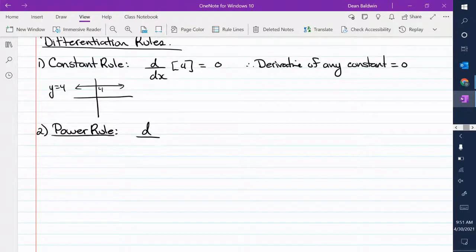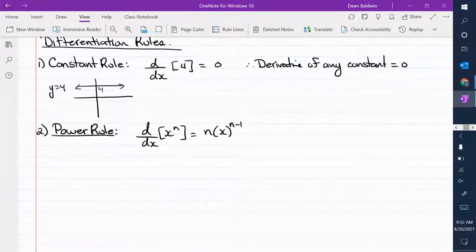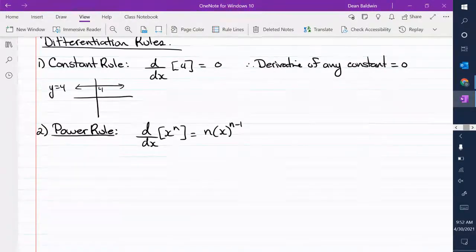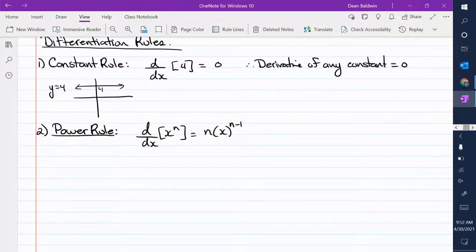It says the derivative with respect to x of x to the n, so x to some exponent: all you do, take the exponent, drop it down in front. So I get n x to the n minus 1, and take away 1 from that exponent. This saves you having to do all that limit stuff. The exponent falls down, you take away 1 from it, and you're done.